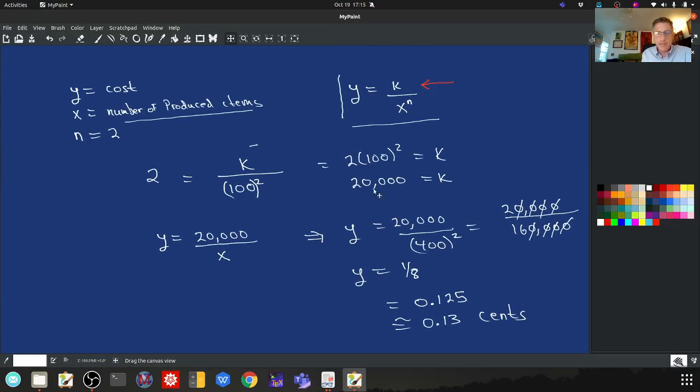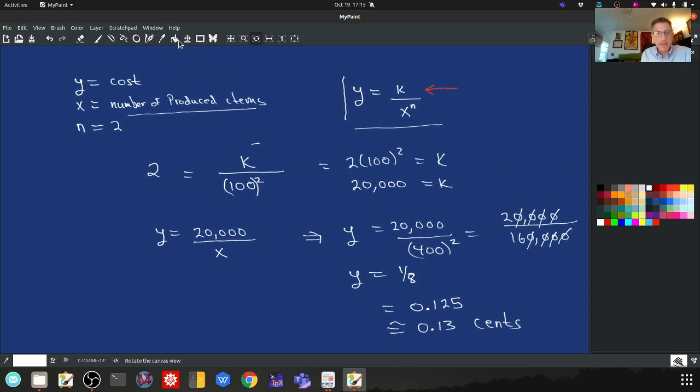In this case, it's far more customary in mathematics to use function notation and to say that cost is a function of produced items. And our base equation, instead of being y, we would say c of x, that's a cost function, is equal to k over x squared.